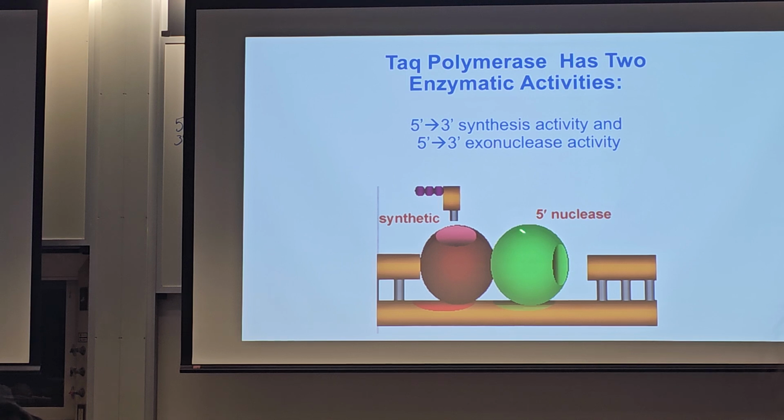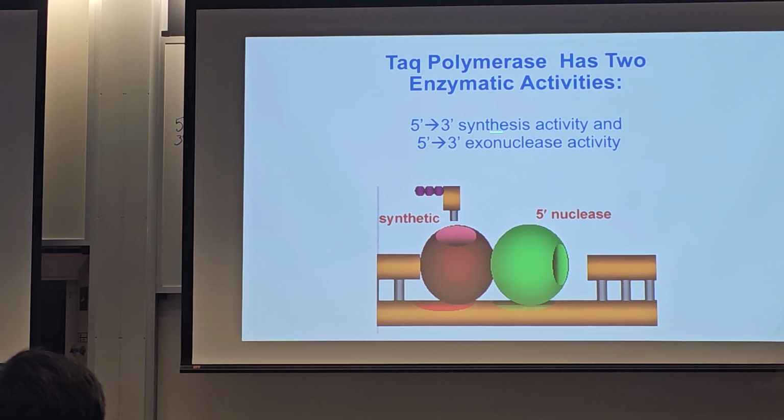And so this is a 5' exonuclease, exo meaning that it starts from an end and takes off one nucleotide at a time. And this is referred to as the 5' to 3' exonuclease activity. Restriction enzymes are endonucleases. They cut within a molecule. So those are endonucleases. This is an exonuclease because it's starting from an end and it's cleaving one nucleotide at a time.